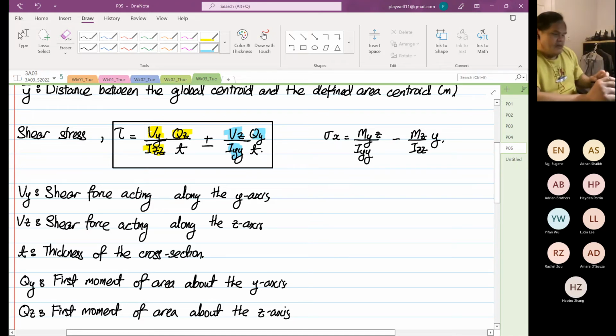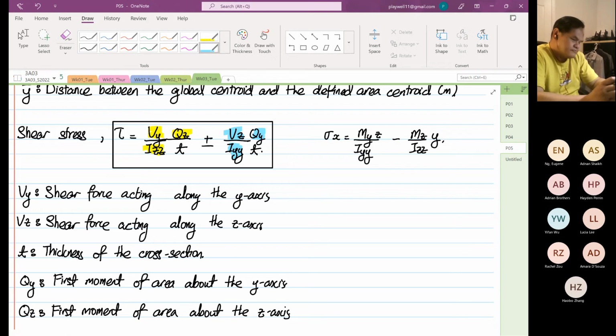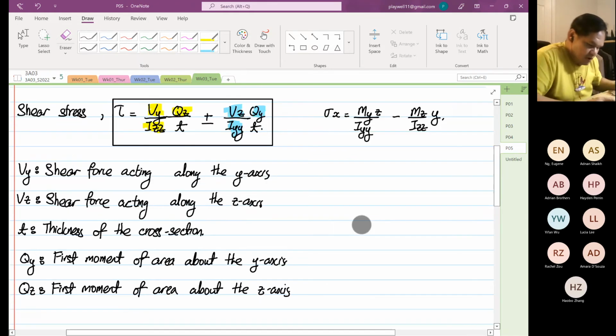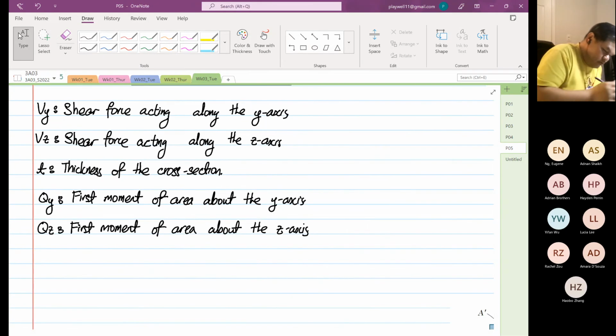Now I'm going to introduce how to identify these. Vy and Vz is easy. What do we mean by the first moment of area in the z direction? What do we mean by first moment of area?